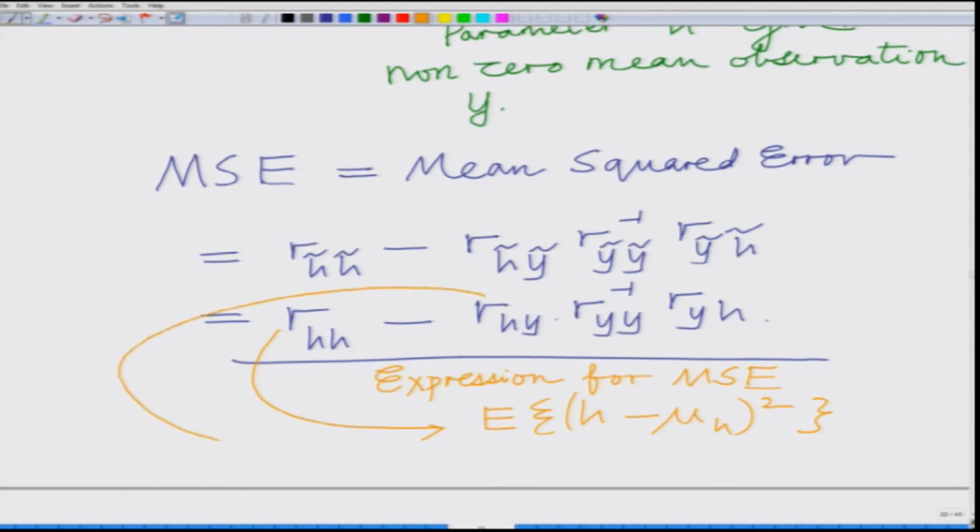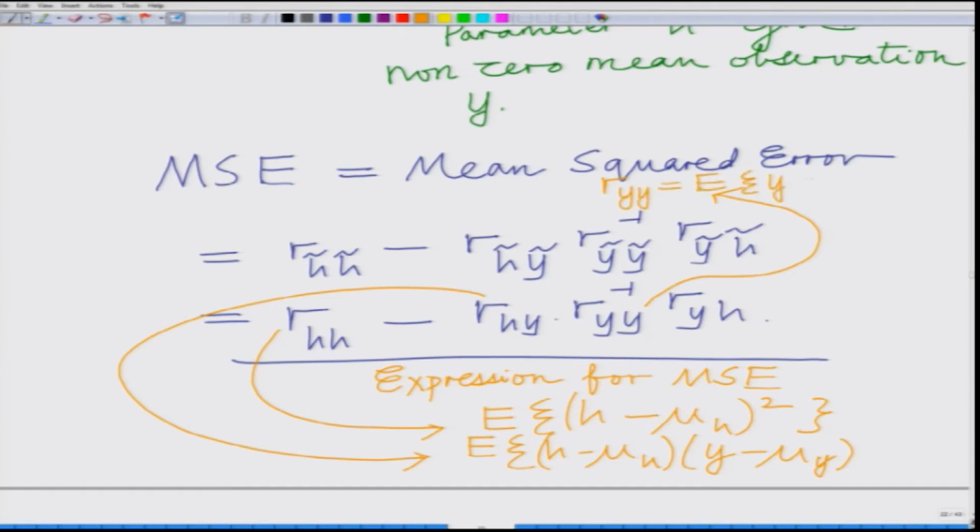R h y is the covariance, that is the expected value of h minus mu h into y minus mu y, and similarly r y y equals the expected value of y minus mu y whole square. Just remember this change in definitions for the non-zero mean scenario.